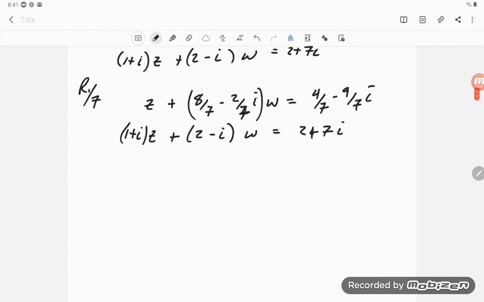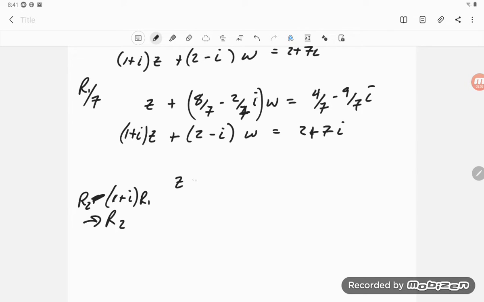Okay, now I'll take row 2 minus (1 plus i) times row 1 and put that back into row 2.